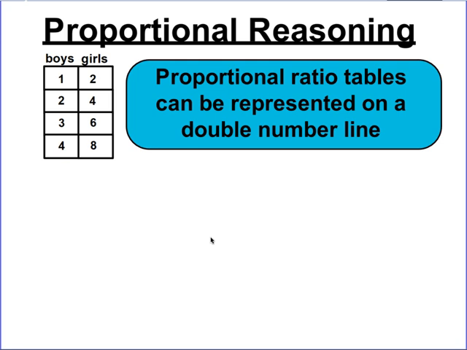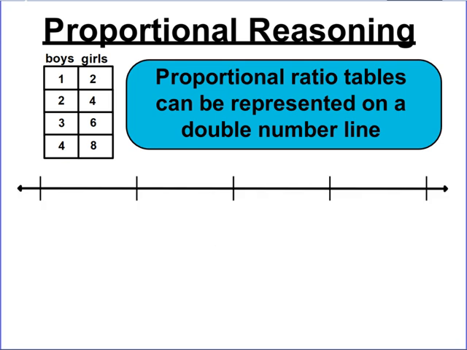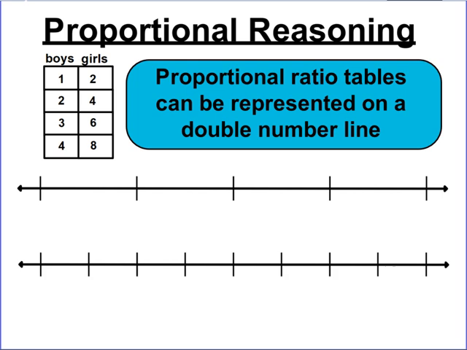So another way to show proportional ratio tables is on a double number line. So what we're going to do here is take the ratios and show them using two number lines, and you're going to be able to identify the ratio in those number lines. So let's start by drawing a number line. Okay? This one's going to be for the boys. So if I start at 0, well, there's one for the girls.